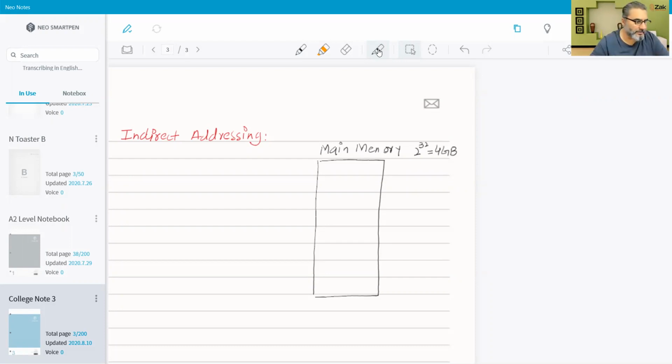All right. So the maximum size of this memory is 4 GB.